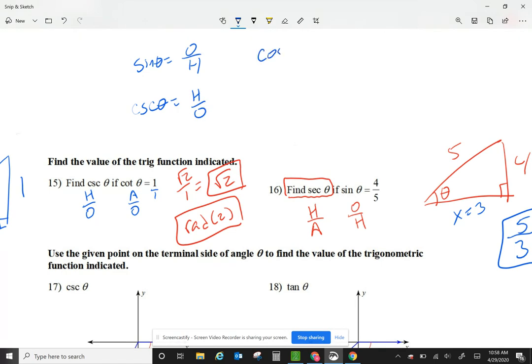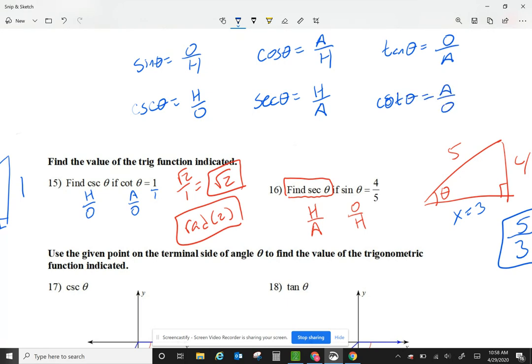I also mentioned that cosine of theta is adjacent over hypotenuse. Secant of theta is the reciprocal of it. And then tangent of theta is opposite over adjacent, and cotangent is adjacent over opposite. So that's basically what I work on.